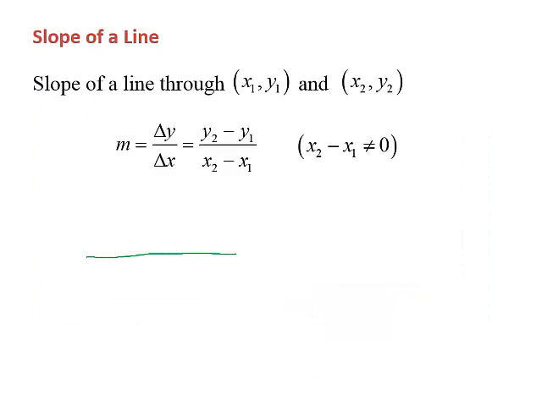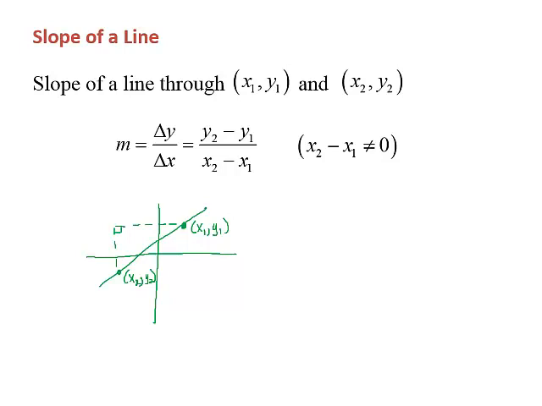So if we have 2 points on a line, one of them is x sub 1, y sub 1, and the other is x sub 2, y sub 2. Then the slope is defined to be the change in y, that is that vertical change, divided by the horizontal change, or the change in x, as we move from one point to the other.